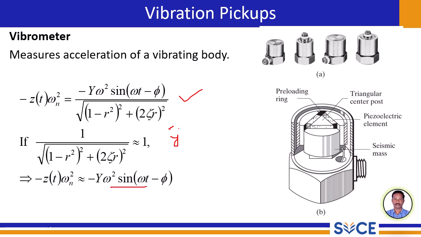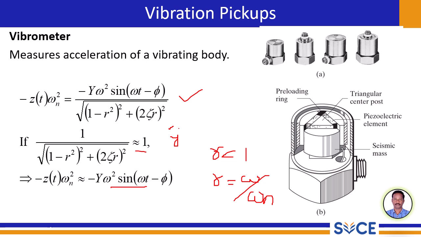Let's consider the case where the frequency of vibration omega is much lower than the natural frequency, that is r, which is omega by omega n, is less than 1. Then z by y approaches 1.